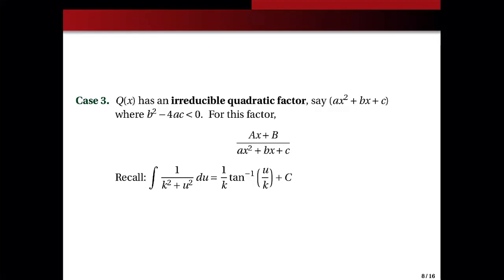But if k is not equal to 1, for example k squared, you will get this. If you don't believe this identity, you can solve it using trigonometric substitution. Take note that this is of the form for trigonometric substitution, so you can do that and you will end up with this.